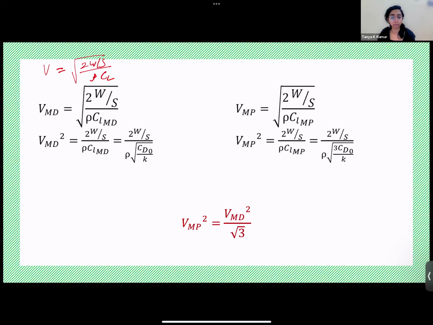For minimum drag, your CL is CL MD, which we have seen in the comparison slide, and for minimum power, your CL MP. Upon substituting those two and comparing, this is the final relation that we get. So velocity for minimum power is related to velocity for minimum drag using this equation. That is how they are different. I just thought we should address this.